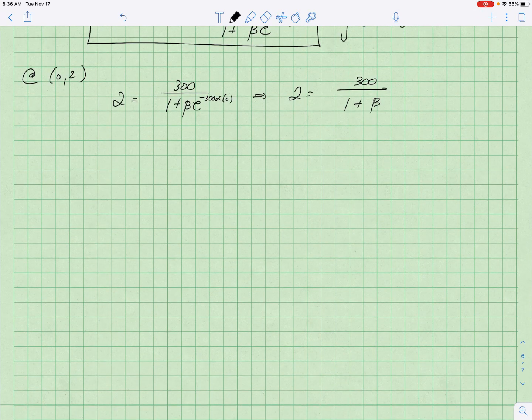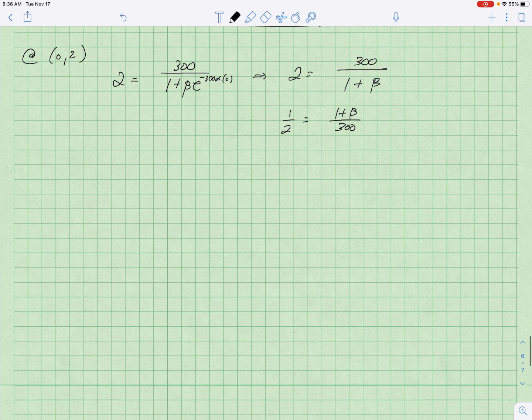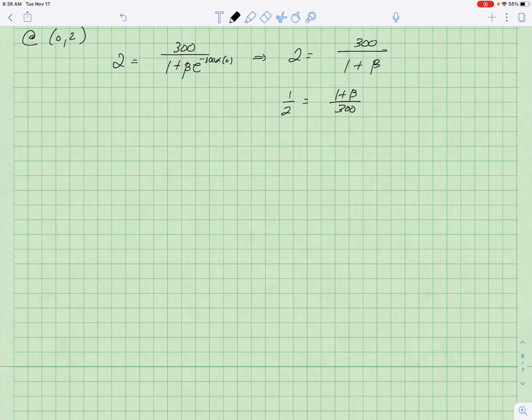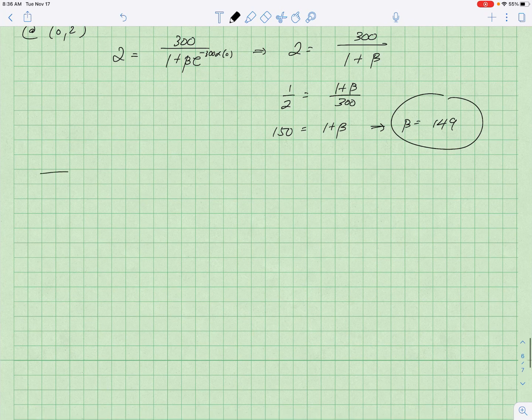So 1/2 is equal to 1 plus beta over 300. I'll multiply both sides by 300, and I'll get 150 is equal to 1 plus beta, or beta is equal to 149. So that allowed me to revise my equation.